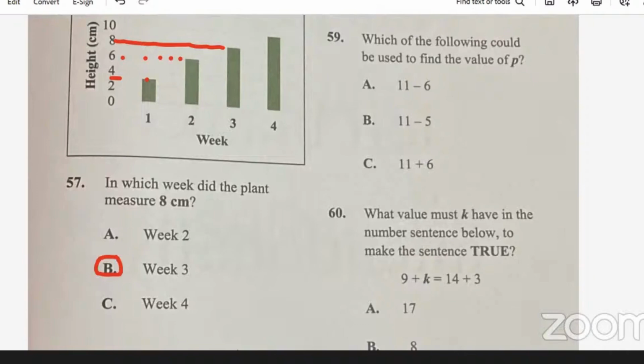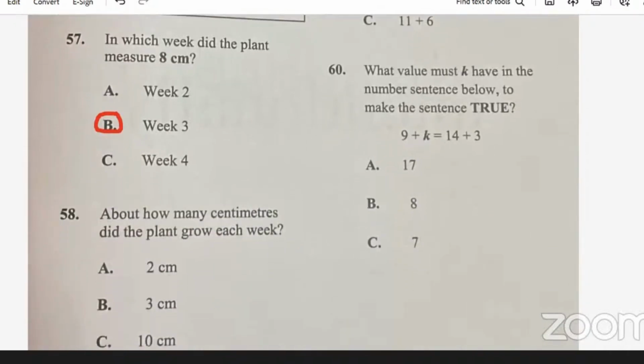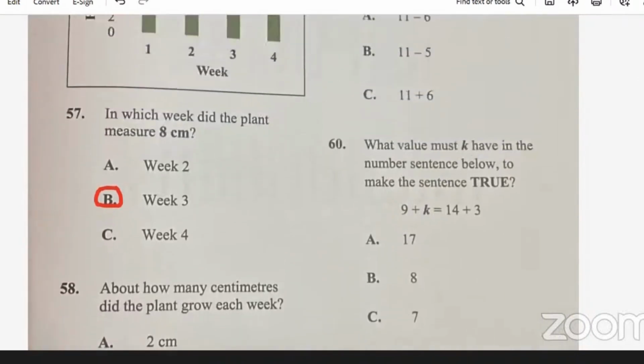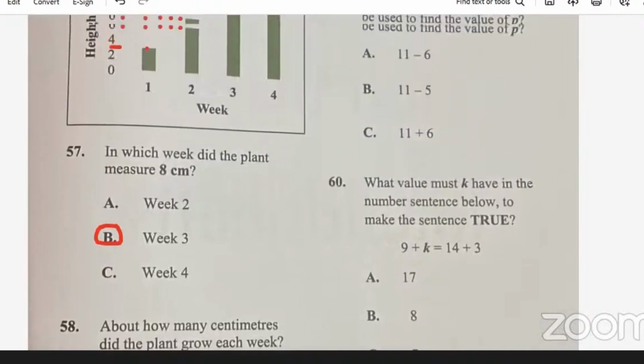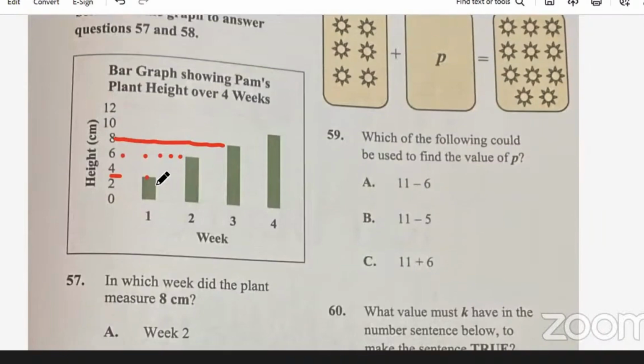Let's get to question 58. About how many centimeters did the plant grow each week? Is it 2 centimeters, 3 centimeters, or 10? They didn't ask us how tall the plant was each week. Okay, so let's look at the information here. The difference between 3 and 6 would have been 3.